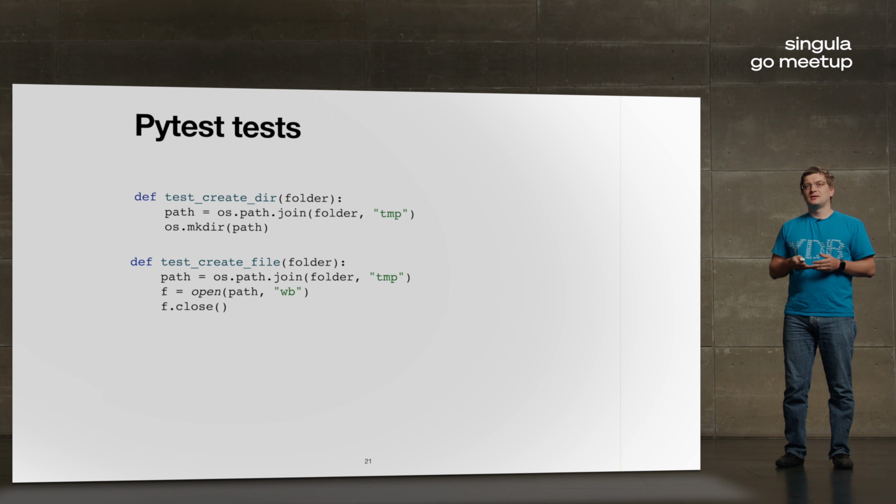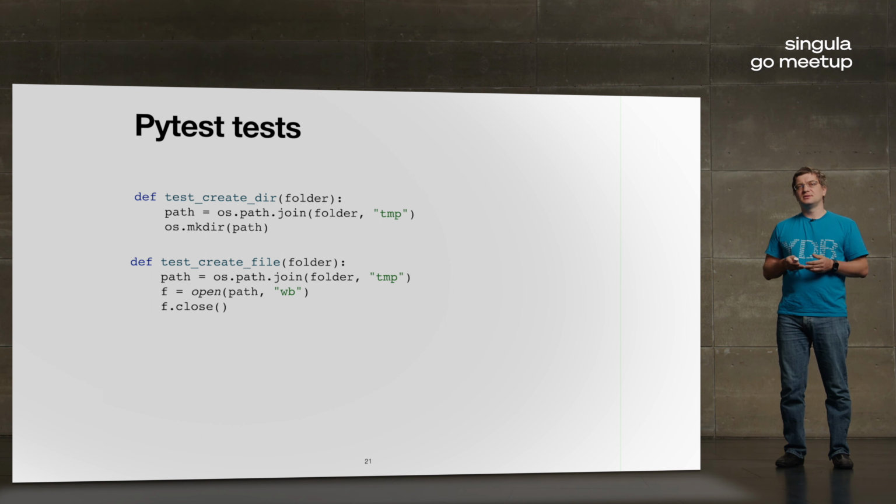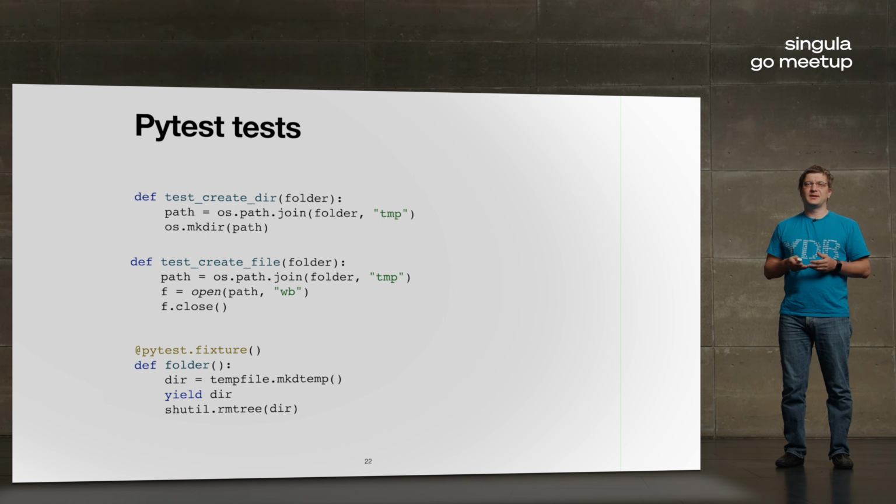If we need a similar test that creates a file, it will be the same. The test receives the folder as an argument. The test can use the folder, and after the test finishes, the work folder will be removed with all contents.